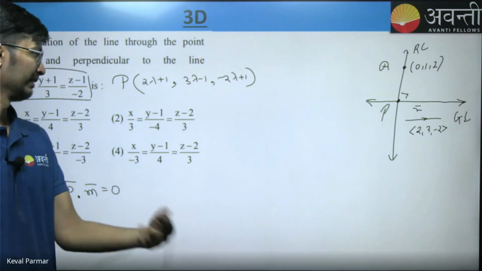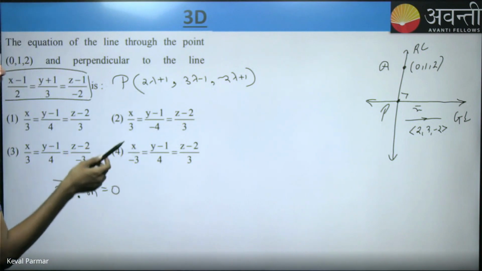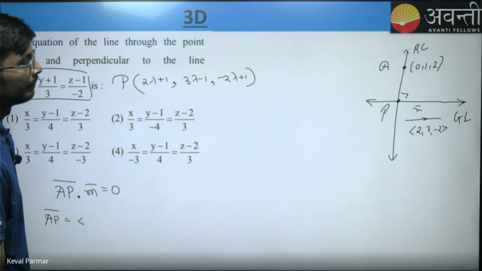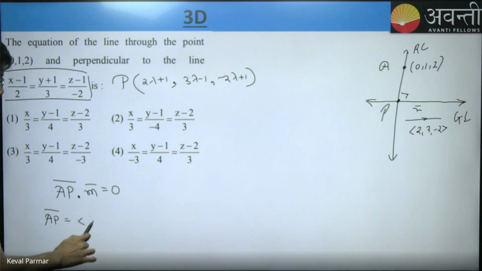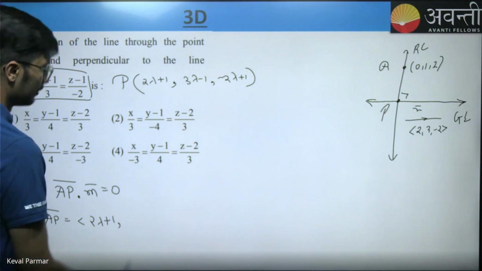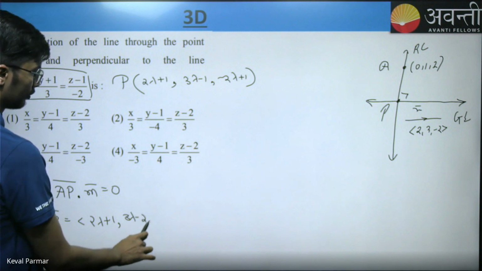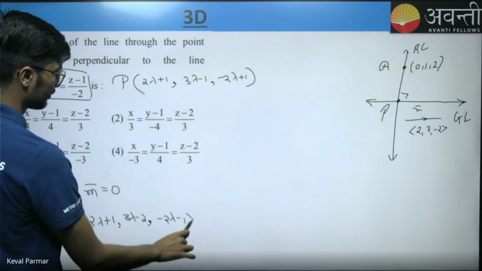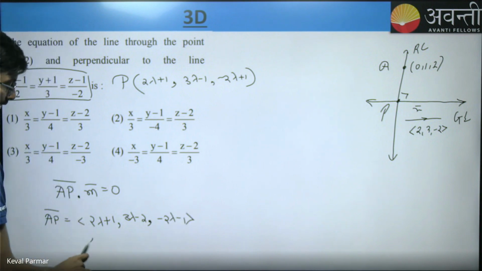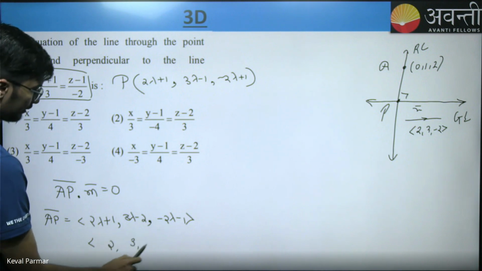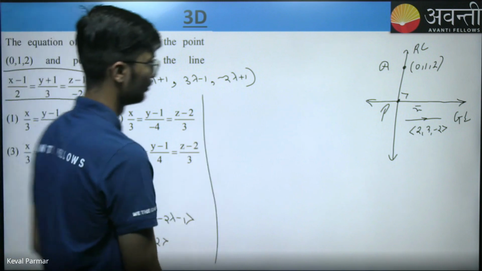So what is AP vector? P minus A. So AP vector is 2 lambda plus 1, comma, 3 lambda minus 2, comma, minus 2 lambda minus 1. Let's take the dot product of this with 2, 3, minus 2.